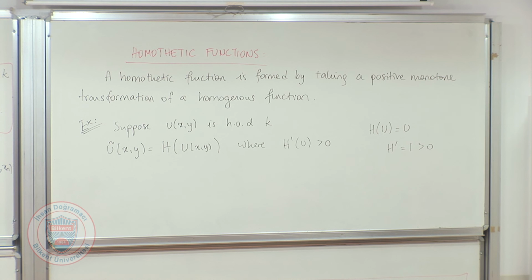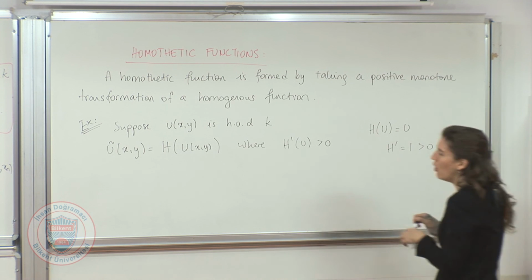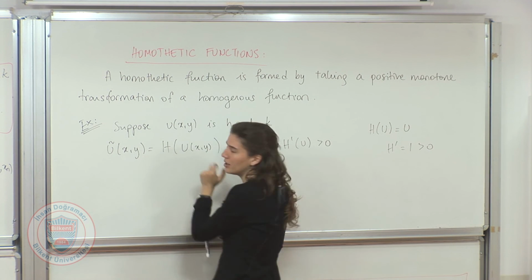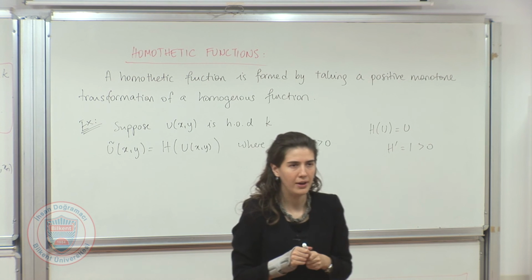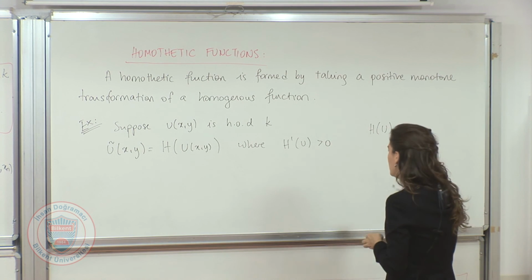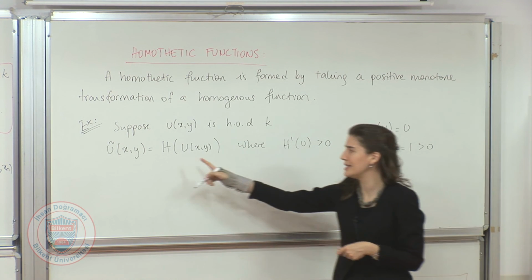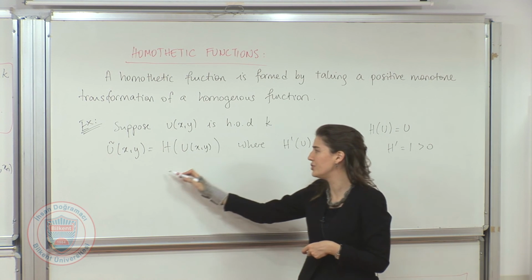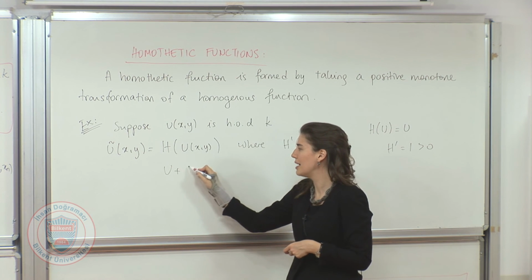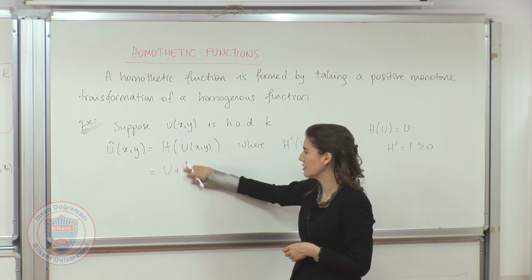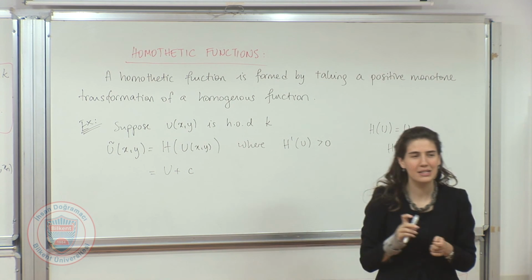But the reverse, do you think it's correct? No, the reverse is not correct. Okay? So all homothetic functions might not be homogeneous. The easiest example could be this. I take this h, for instance, h puts u plus 3, a constant.